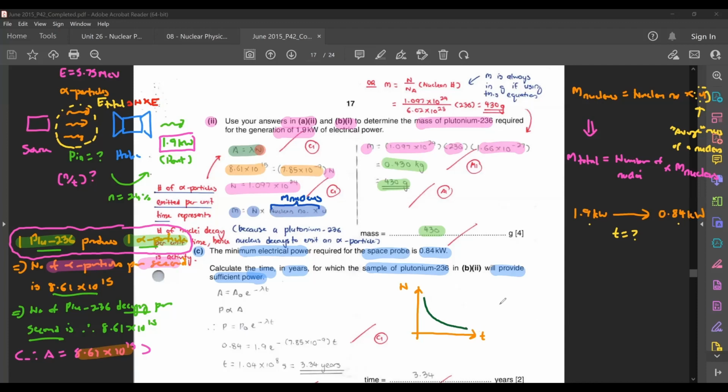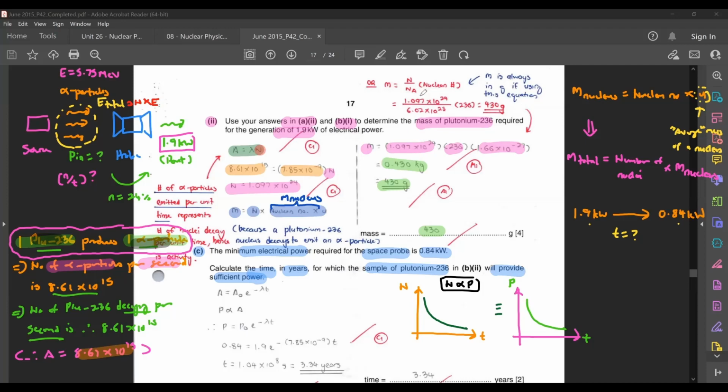So if you were to relate this with a power versus time curve, your power versus time curve will also follow an exponential decay curve. Because here, the number of nuclei will correlate directly with the power that you get, because one plutonium nucleus is the one that gives you your alpha particle.